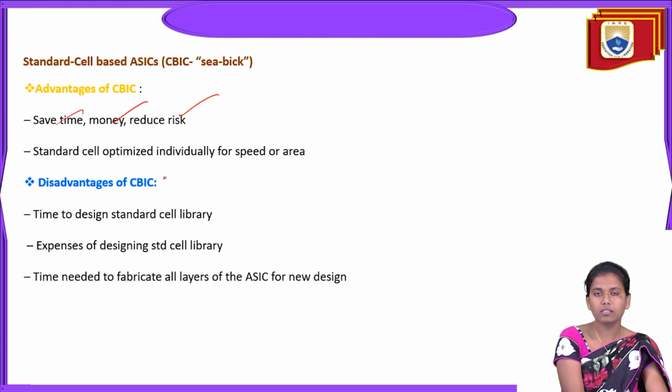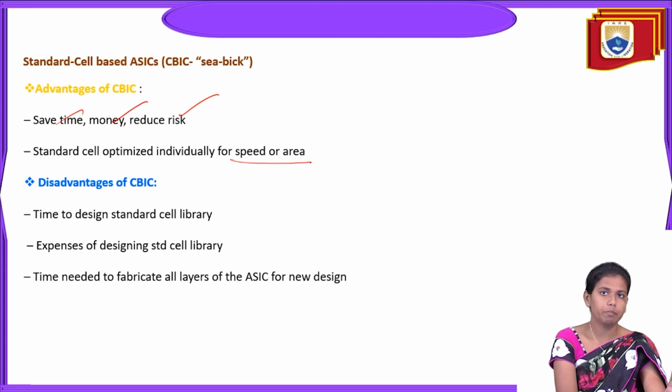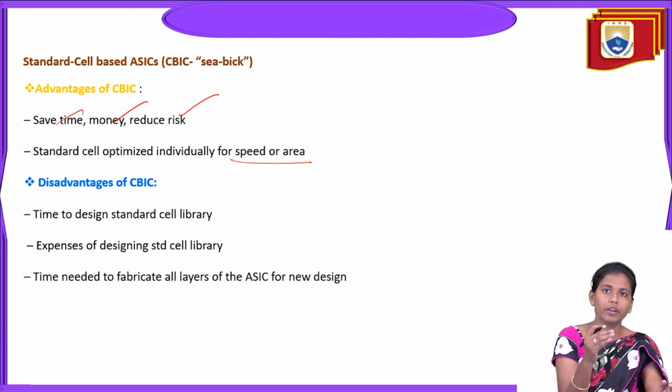And then standard cells are optimized individually for speed or area. That means individual cells can be optimized in order to increase or decrease the speed or area.